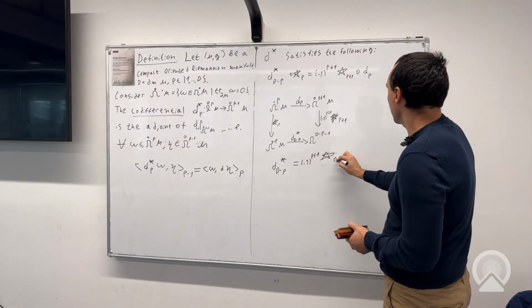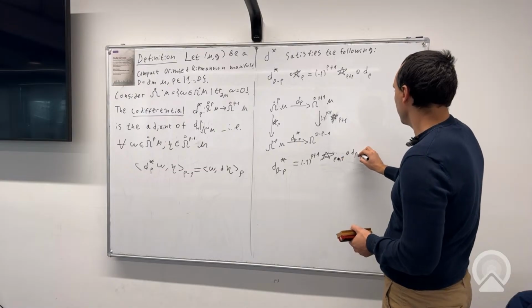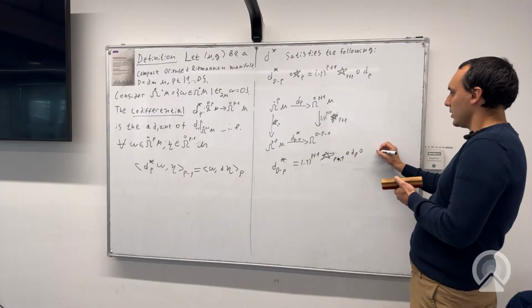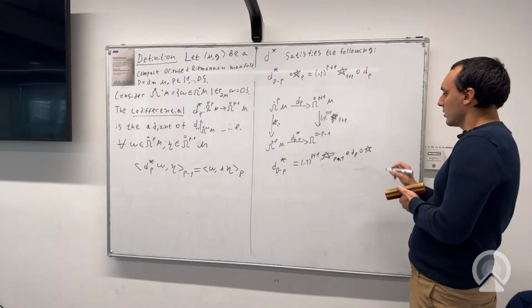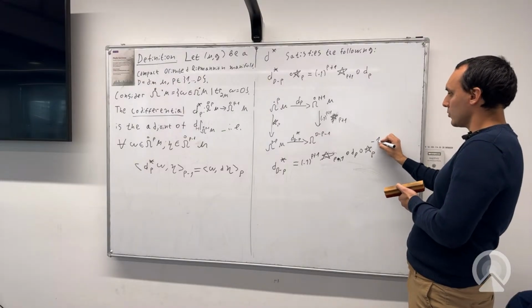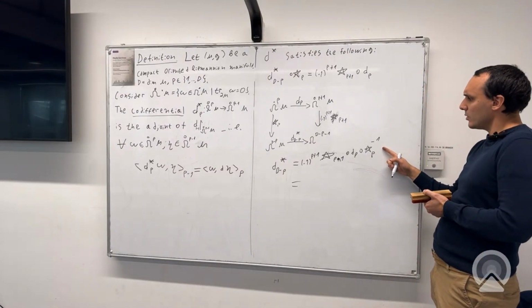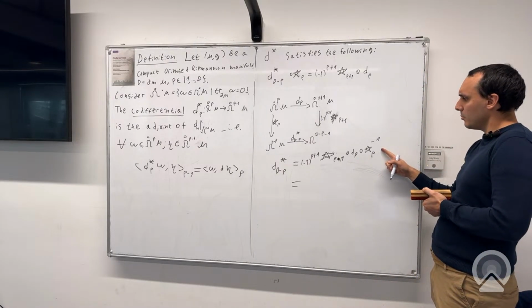Star p plus 1 composed with dp composed with star p to the minus 1. And this is minus 1 to the power of p times dp.